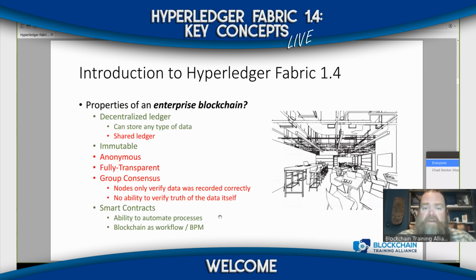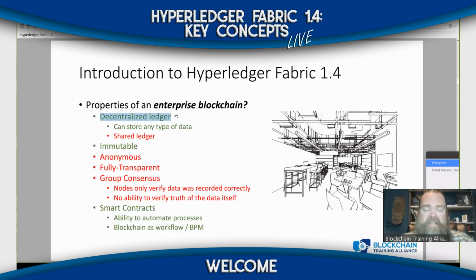Other attributes, the ones in red, are most likely undesirable. And there are things we would want to address, remove, or replace in a platform before we started using it in the enterprise.